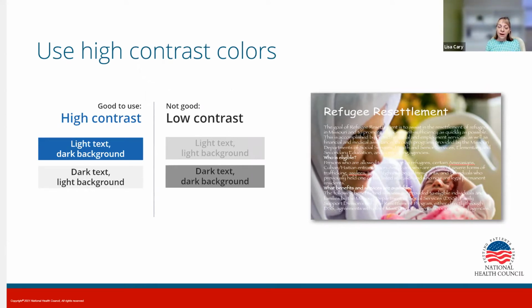There's an example there with refugee resettlement. I'm sure the message there is very good, but it's lost. Very few people are going to struggle through this and try to read it. So it's a shame.